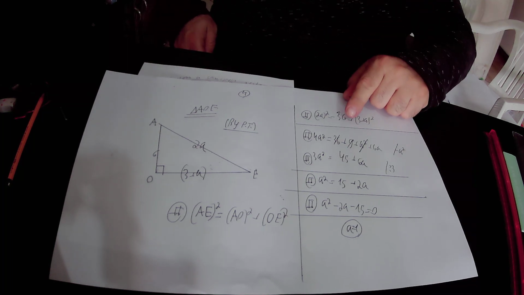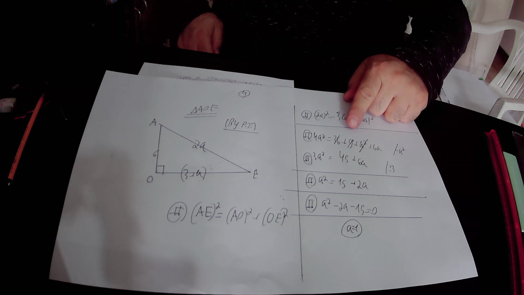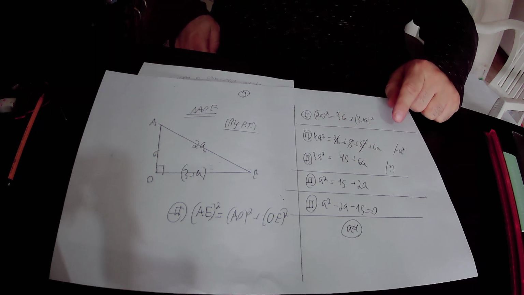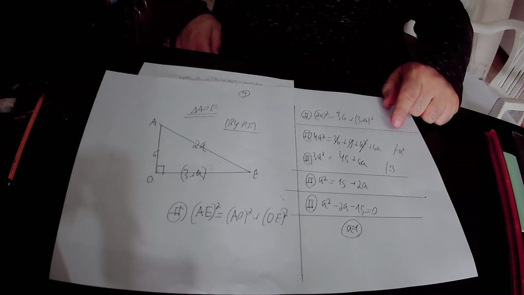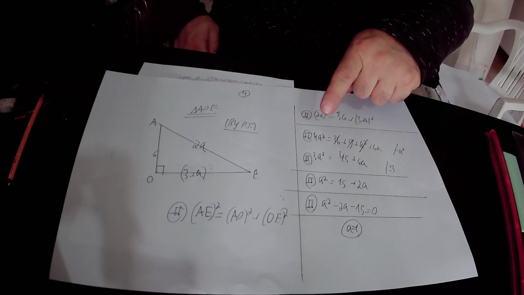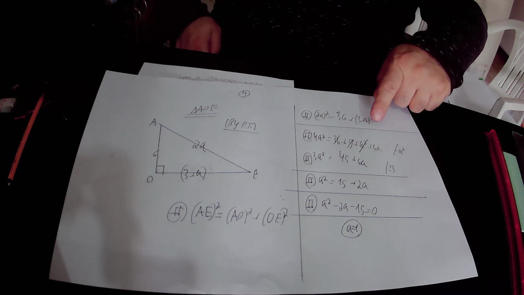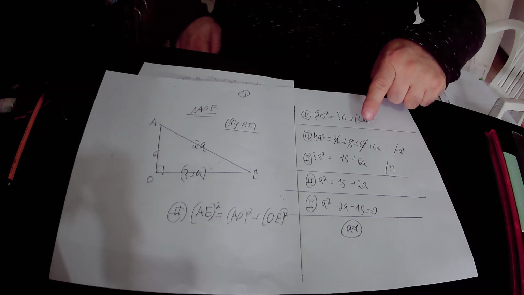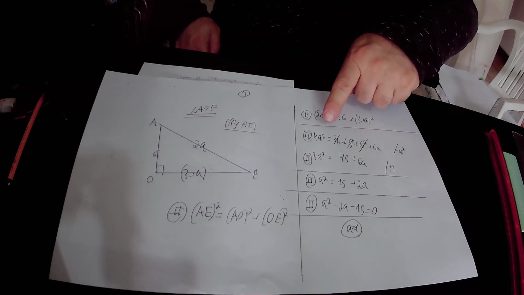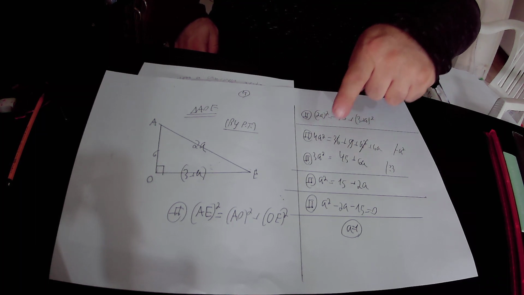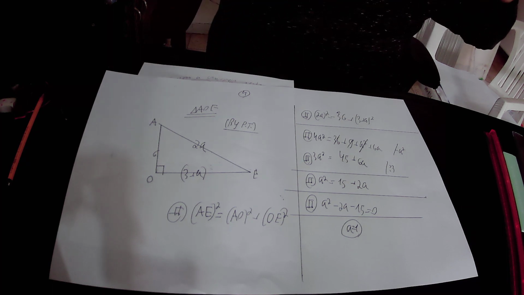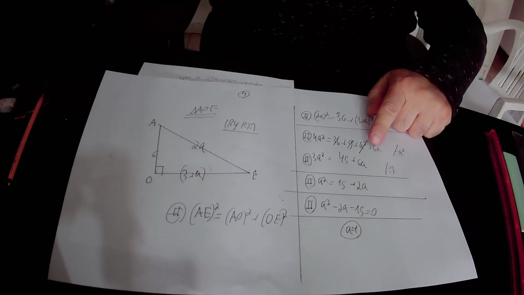So here 36 plus 9 is 45, and we also subtracted A squared from equation number 2. 4A squared minus A squared is 3A squared. A squared minus A squared is 0. So on this side of the equation, what is left is only 45 plus 6A, and on this side, what is left is 3A squared. So according to equation number 2, 3A squared equals 45 plus 6A.